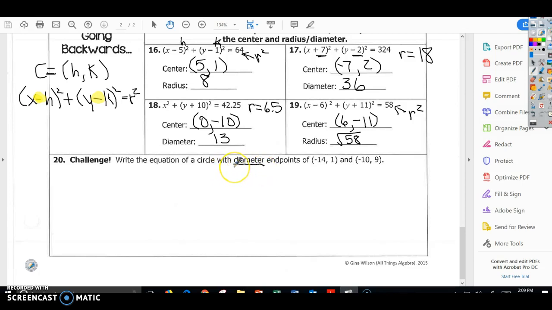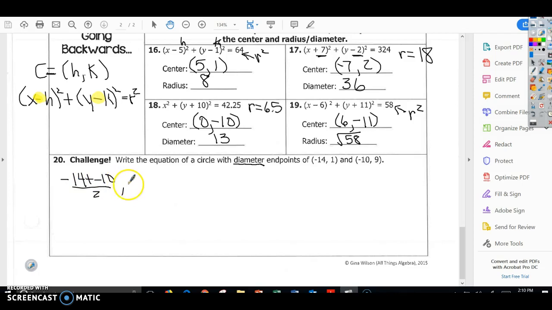If we know the diameter of a circle, the first thing we want to do is find the midpoint of this diameter, because that would give us the center of the circle. So remember the midpoint formula. You're going to take your x's, add those up, and divide them by 2.